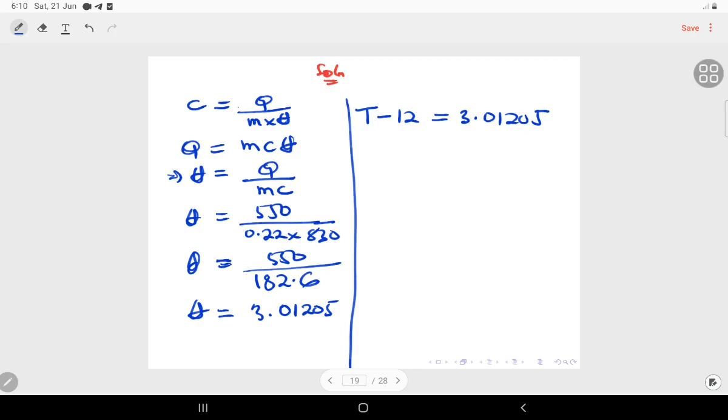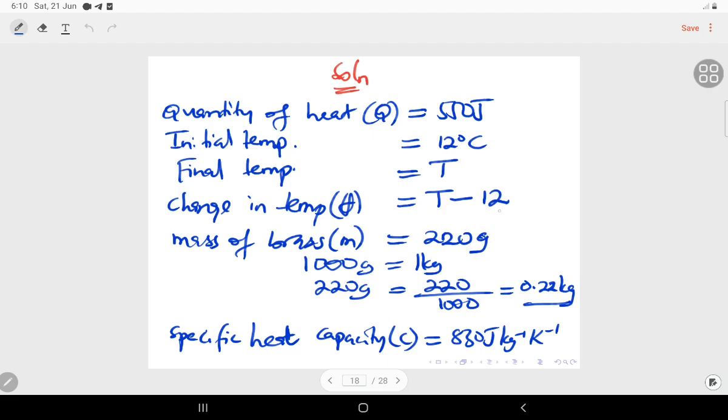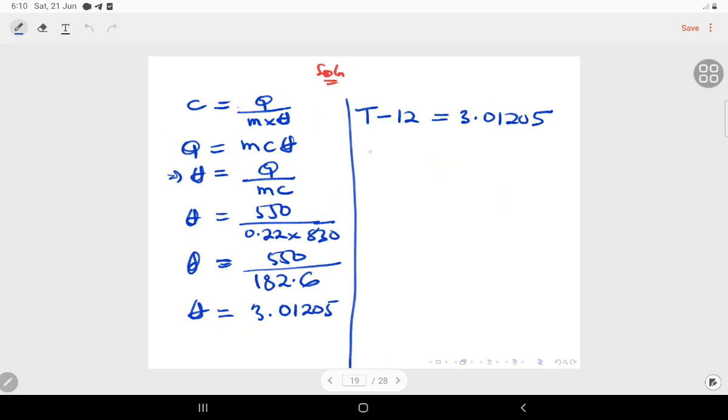Because check, let me write it all. We said theta is this, so I will put the T minus 12 in place of this. When I add 12 on both sides, I get 12 plus 3.01205, which gives me 15.01205.